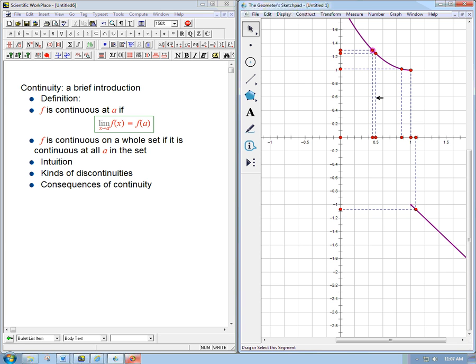What happens if I give it a certain input, what happens to the output? That's what functions are all about. The output values are getting really close to the output value I would get right at 0.5, so it's continuous at that point.